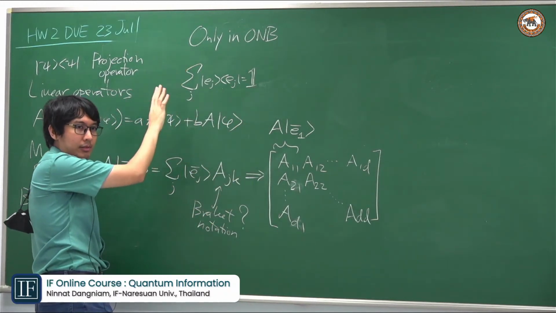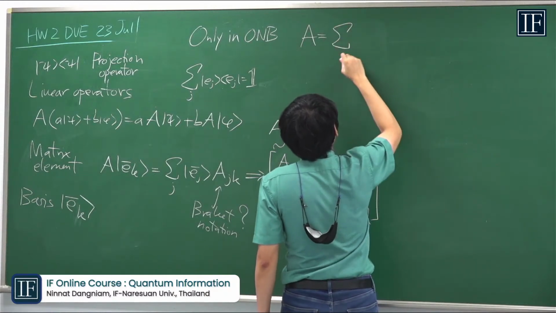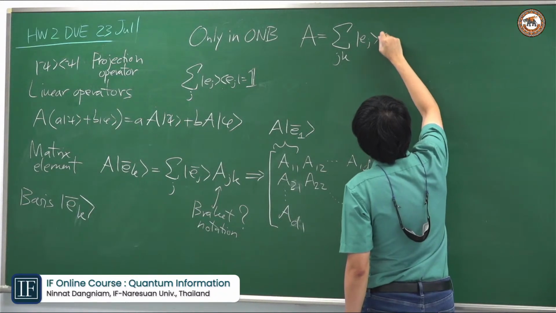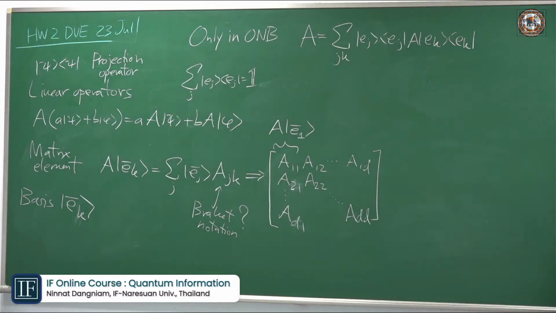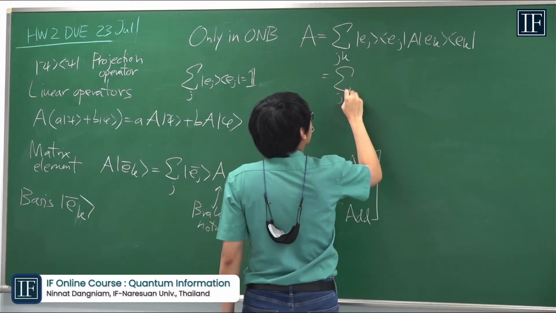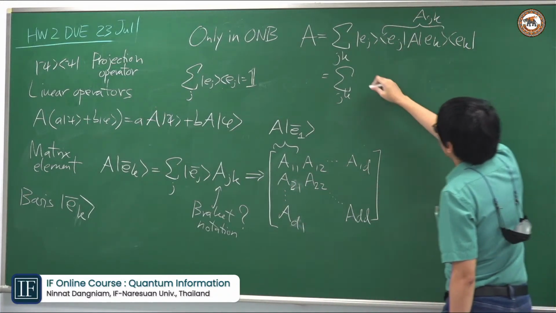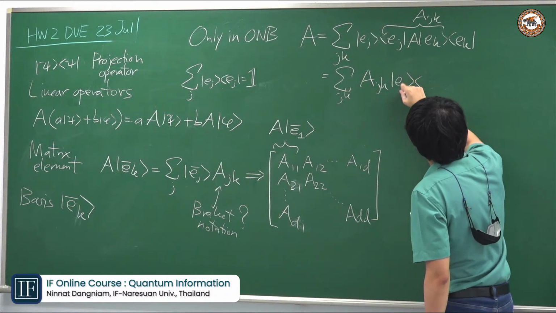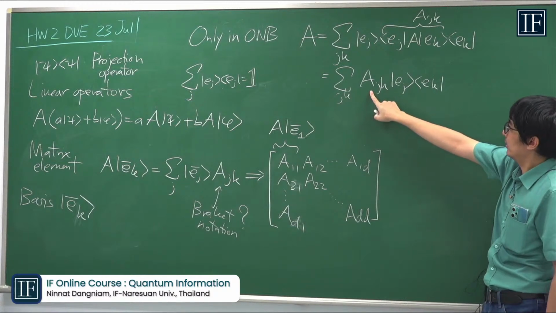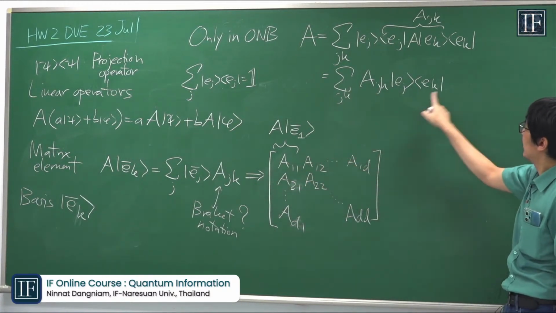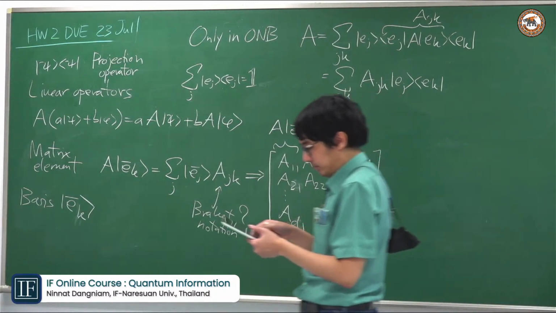So I put the bar away, because this is already assumed to be an orthonormal basis. Then I can expand on both sides, and call this the matrix element, because this is precisely what I would get if I act on the right by the basis vector ek.